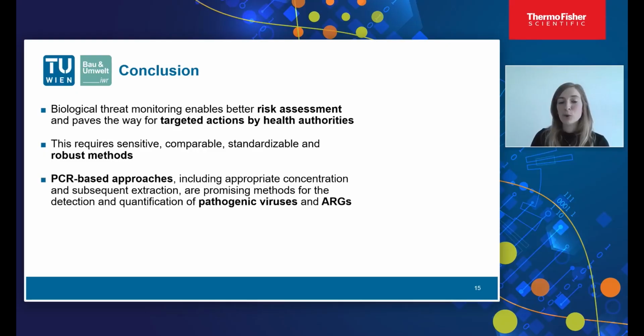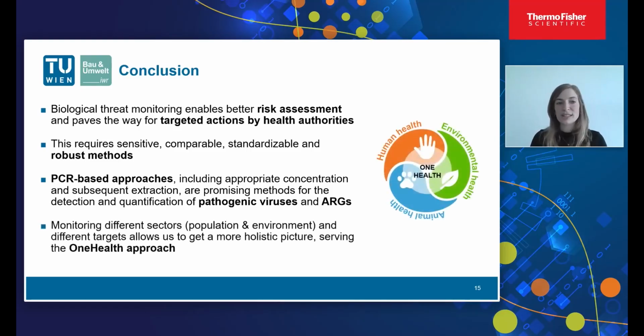And PCR-based approaches, but also appropriate concentration and subsequent extraction methods are promising methods to detect and quantify pathogenic viruses, but also antibiotic-resistant genes. And the monitoring of the different sectors, whether it's the population upstream or the environment downstream, and also different targets, whether it's viruses or antibiotic-resistant genes, allows us to get a more holistic picture, and this, of course, serves the One Health approach.